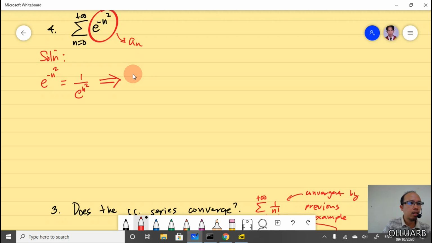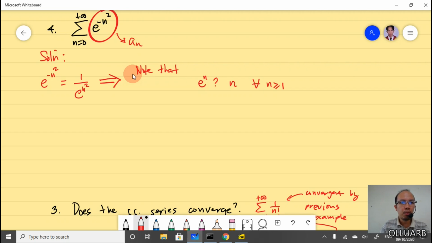Remember that, note that e to the n and n, which is bigger, for all n greater than 1.